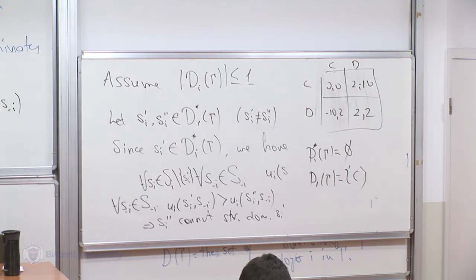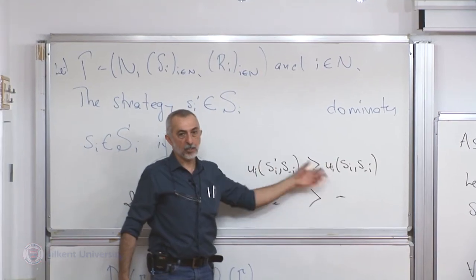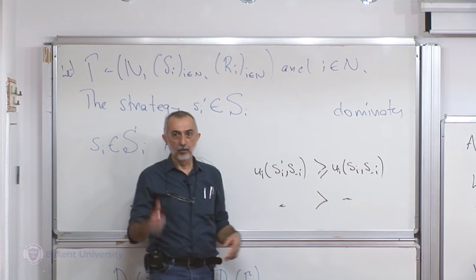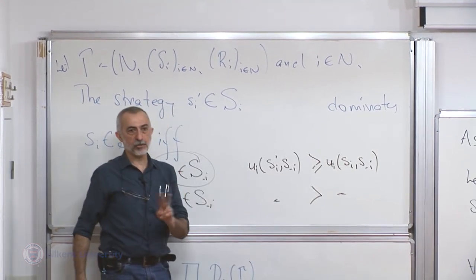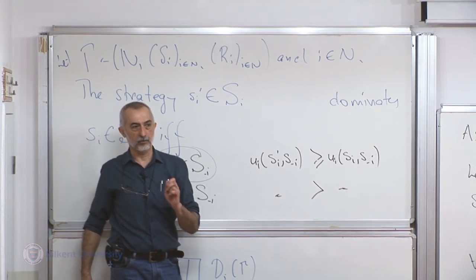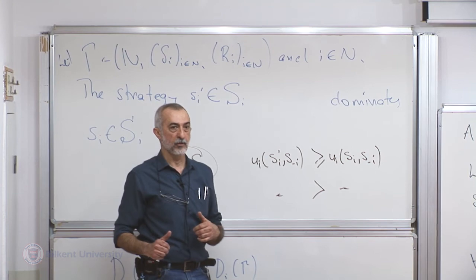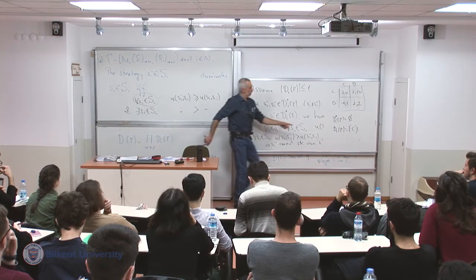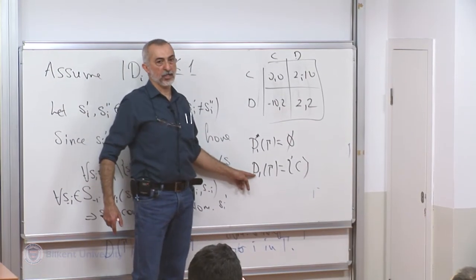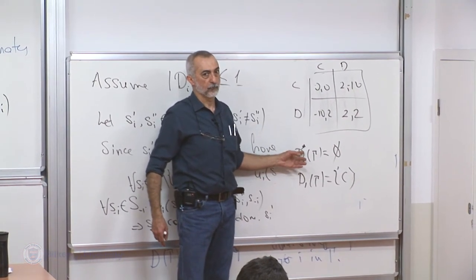Again, it only uses information about player i's preferences. That's also good. Now this is our second object. A new animal has entered our world. The next question you should ask yourself is, how are these animals related? How are strictly dominant strategies and dominant strategies related? What is the relation? Is there any?